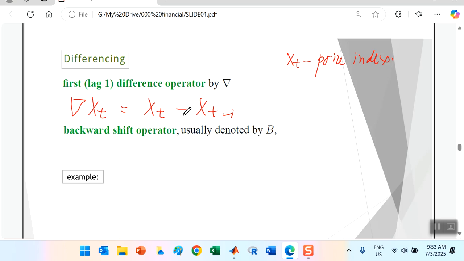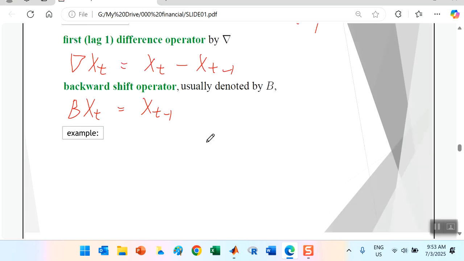Besides the difference operator, you can include the backward shift operator inside the equation. This operator must operate on a series or time series. It will shift the Xt by lag 1 behind.